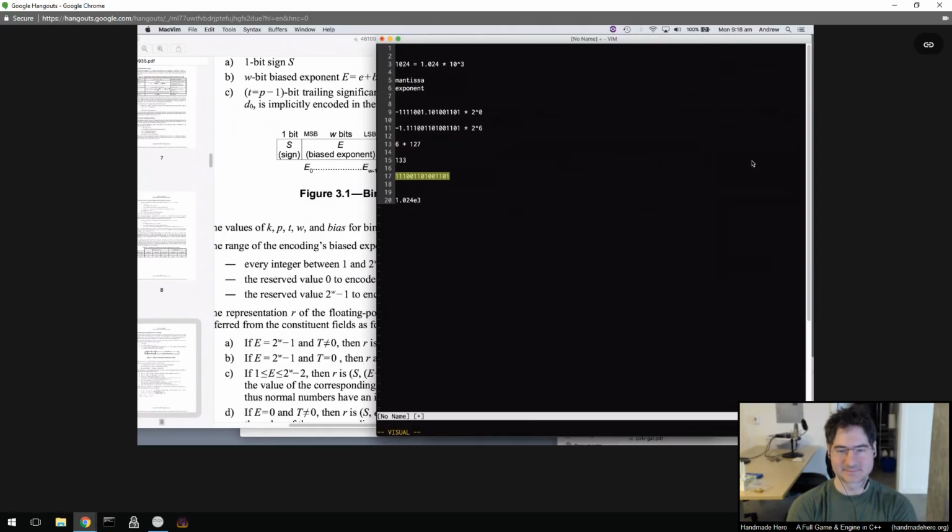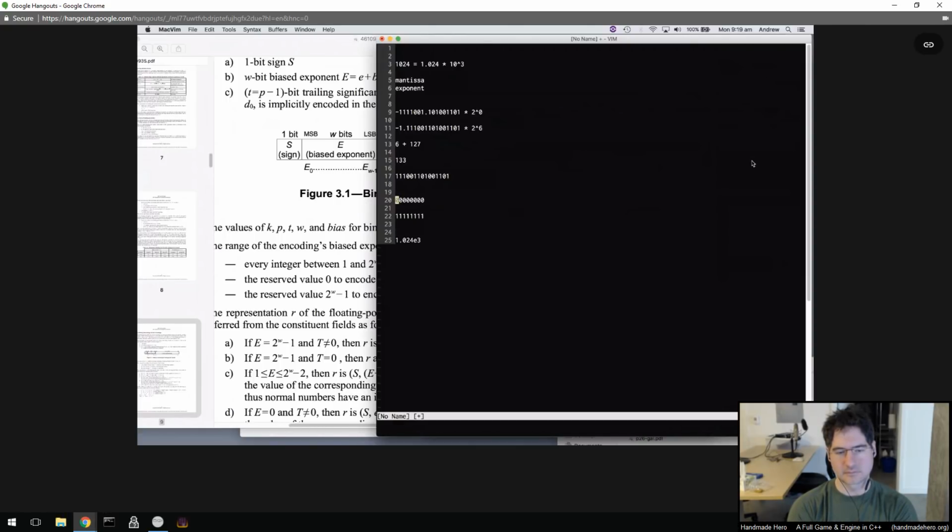So the idea is that for the exponent field, we reserve 2 bit patterns. In this case, there are 8 bits. We reserve the one which is all zeros, and the one which is all ones. These do not represent the normal exponents. You don't subtract 127. The all-zeros one is the interesting one from our point of view, because what 0 means is that this is a subnormal number.